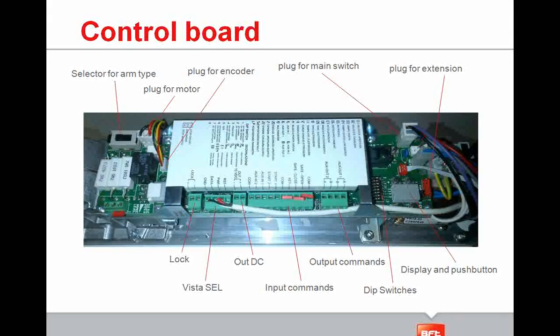Then here is the detail of the connections: the plug for the motor, for the encoder, for the main switch. Here there are also some dip switches. And then all the connectors for the outputs, for the input commands, for the 24 volt, to connect the selector, and for the lock.